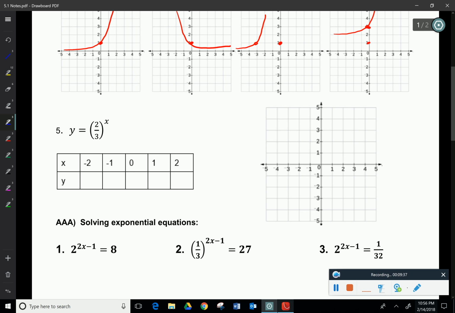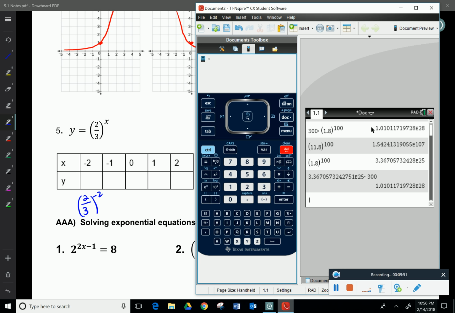So I have 2/3 to the x. So for this first part here, I want to figure out, well, what is 2/3 raised to the x, or in other words, if I raise it to the -2, what's that going to give me? So on my calculator, I'm going to put in parentheses 2/3, and if you want, you can just type in 2 divided by 3, same thing.